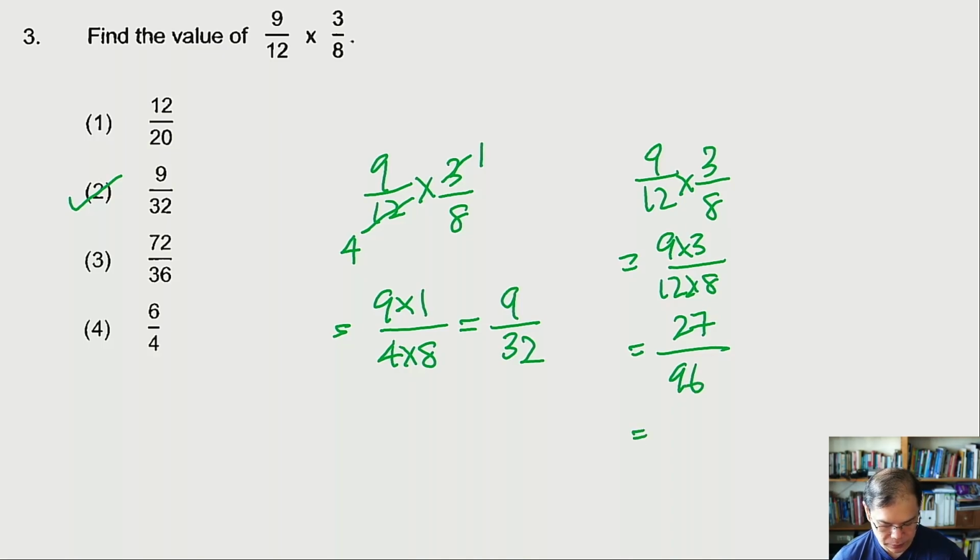Okay, but both 27 and 96 have a common factor of 3. So it's 9 out of 32. Okay, so you still get back the same answer.